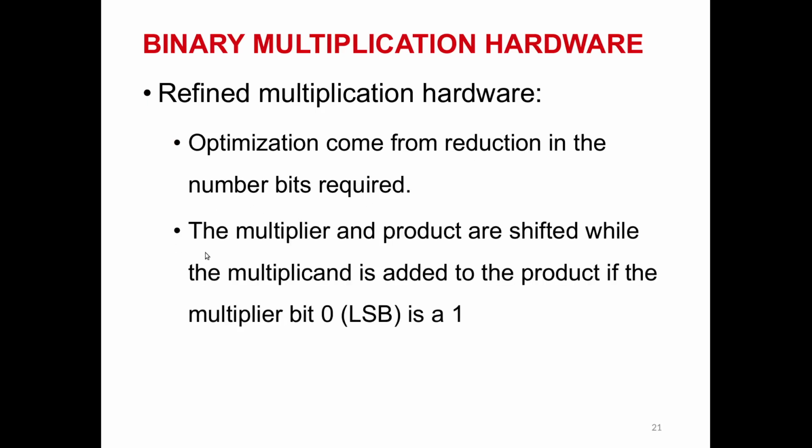And in our hardware, the multiplier and the product are shifted while the multiplicand is added to the product if the multiplier bit 0, or least significant bit, is 1.